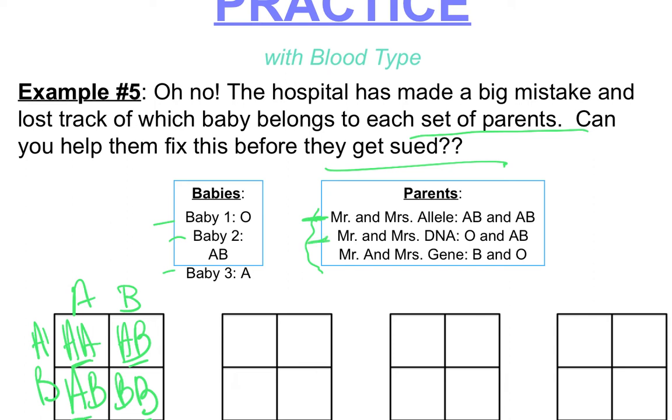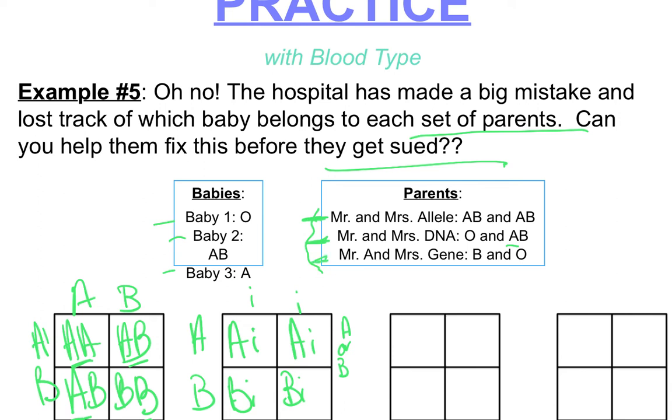The second couple right here are type O and type AB blood, so I'm going to do my Punnett square. This couple right here can only have a baby with type A or type B blood. This couple over here could have type A or AB or B type blood.